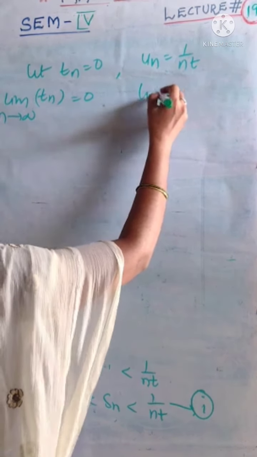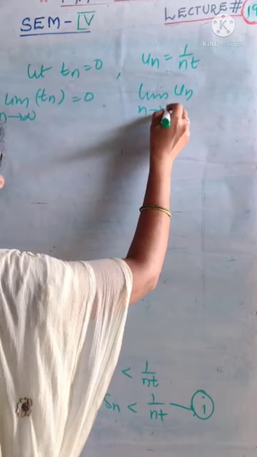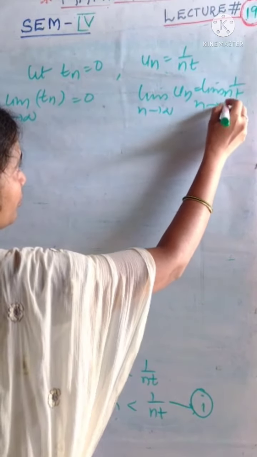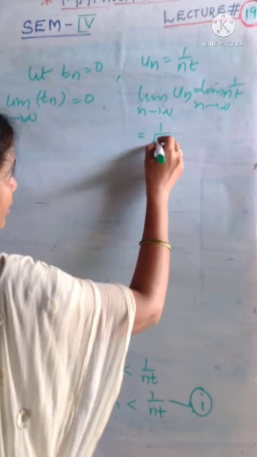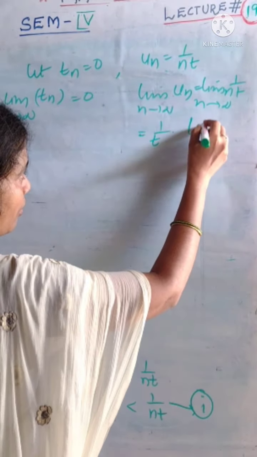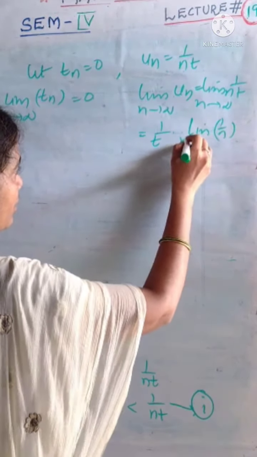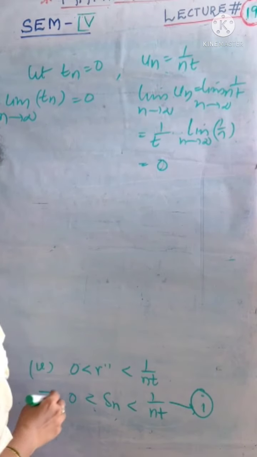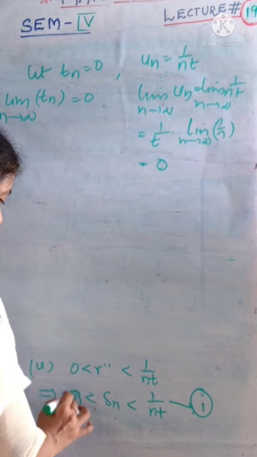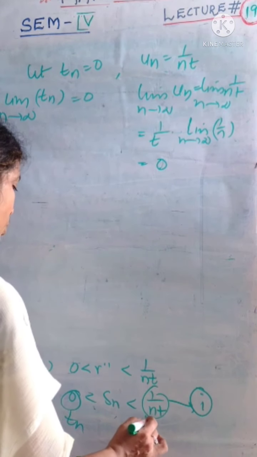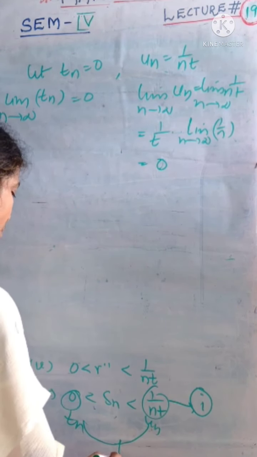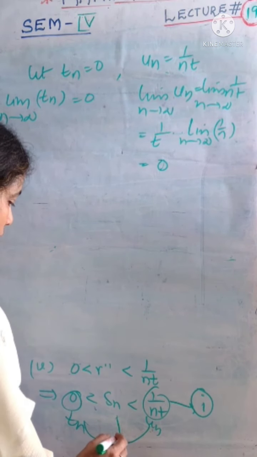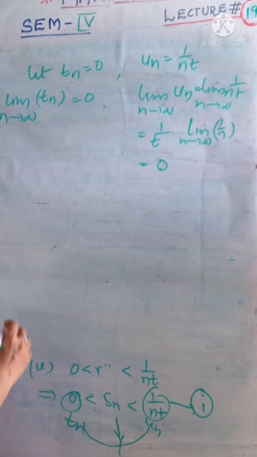Here also, the limit of Un when n tends to infinity is equal to the limit of 1 by nt. By taking 1 by t outside, the limit of 1 by n when n tends to infinity is 0. 0 into 1 by t is 0. That means we observe that Tn and Un converge to the same limit 0, then Sn also converges to 0.